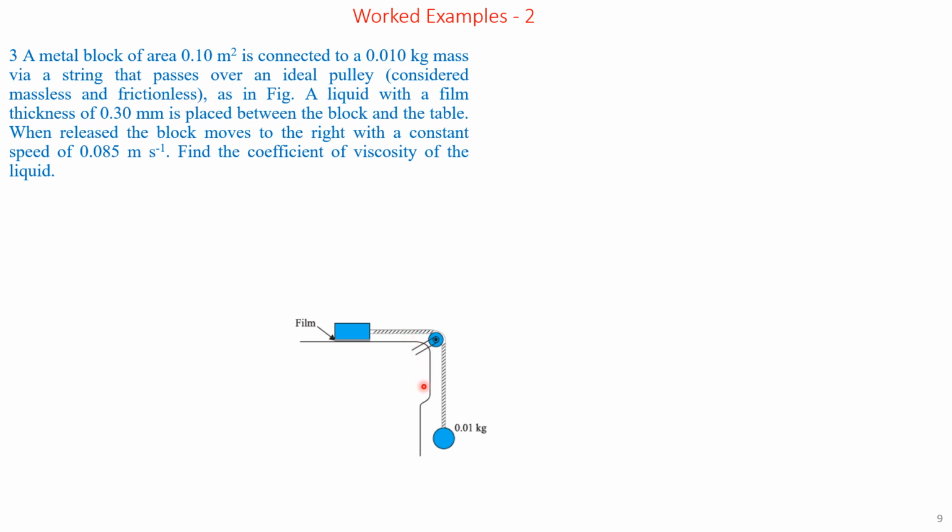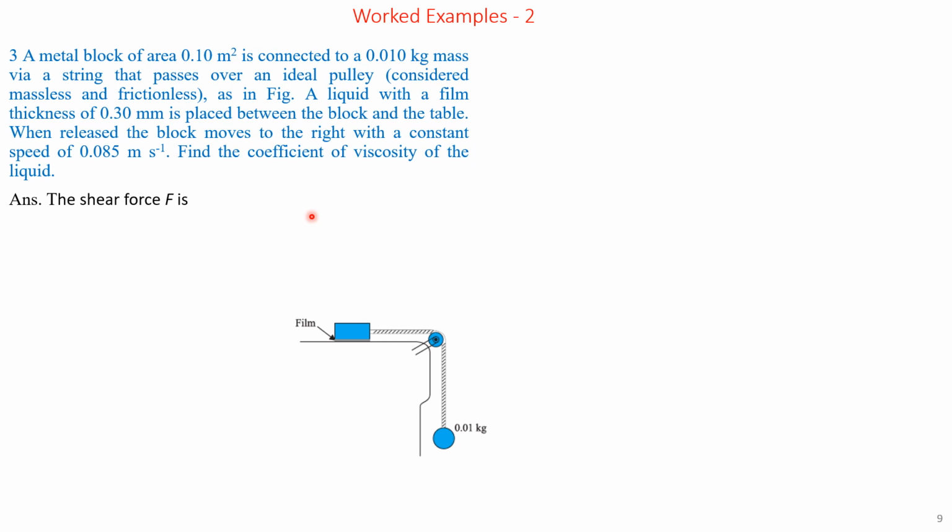A liquid with a film thickness of 0.3 mm is placed between the block and the table as shown in the figure. Here the liquid is placed. When released, the block moves to the right with a constant speed of 0.085 meters per second. Find the coefficient of viscosity of the liquid.